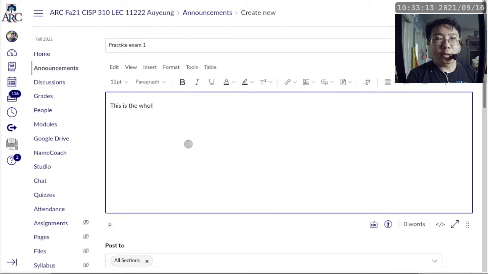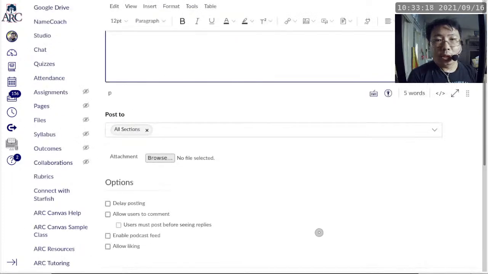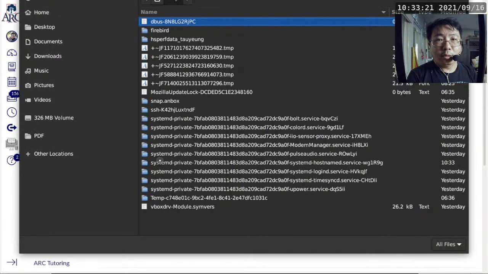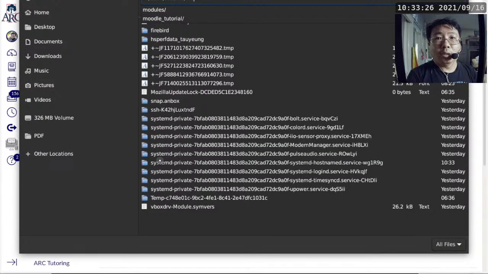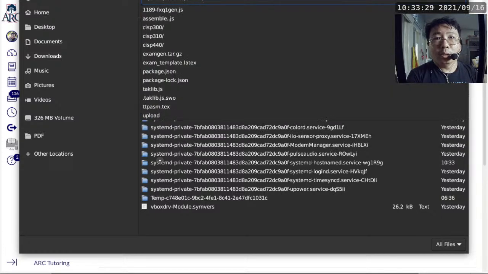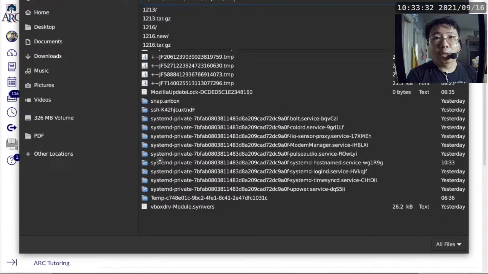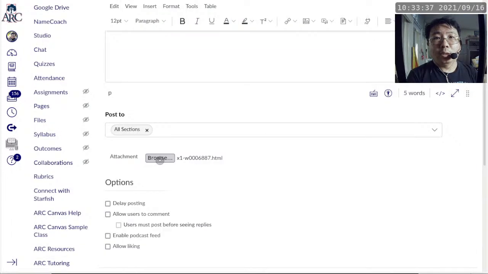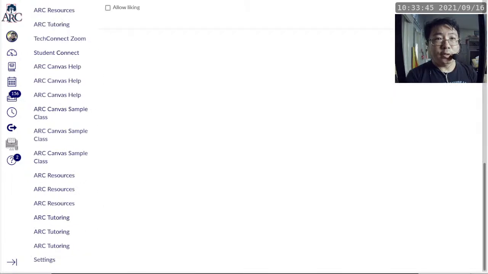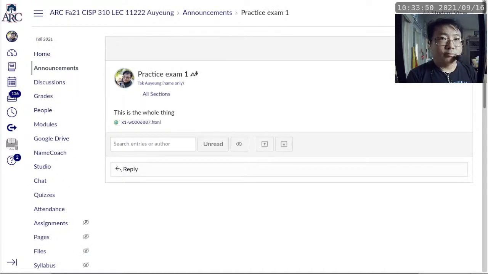This is the whole thing, and let me attach that. Alright, so it's an HTML file. You just need to open it with your browser, and you should be able to see the entire exam. So there you have it.